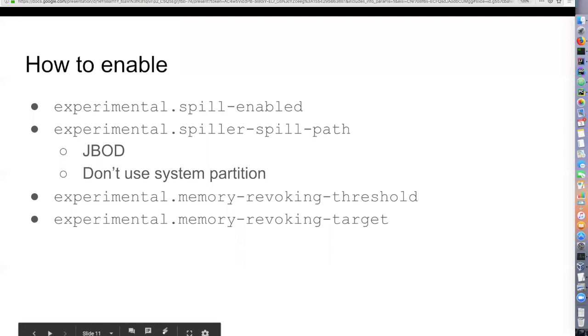The current policy is to pick the oldest query that has revocable memory. Among the queries that have revocable memory and have spill enabled, we choose the oldest one first. Of course, this is not one solution that fits all. Currently this is not pluggable, but it shouldn't be a problem to make it pluggable. I will post the name of the class to look into if you are interested, and then we can extend this so that it fits more use cases.